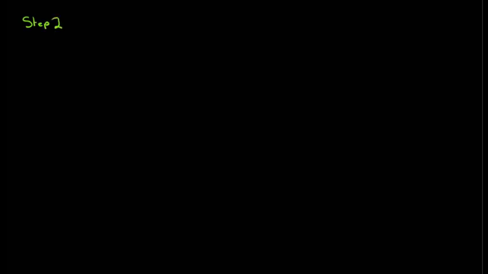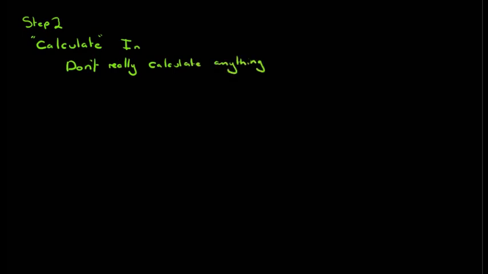Once you've calculated IB, you go on to calculate IN. I use the term calculate because I didn't really know what else to call it, but there's no actual calculations involved. It's just a bit of an understanding about how the circuit should work, and a bit of, I hesitate to say, common sense, but so you've got to remember your rule.